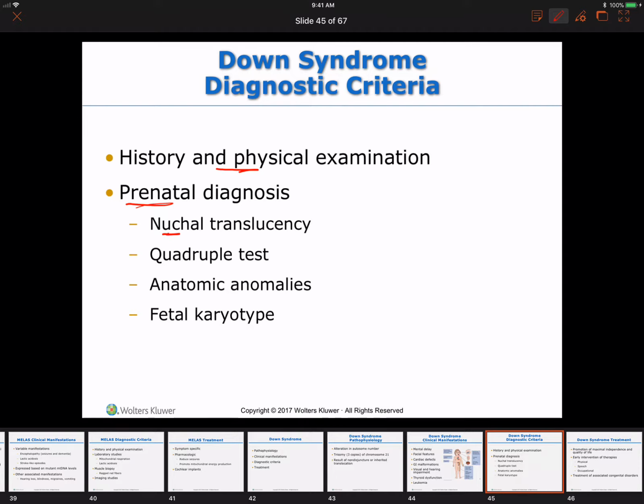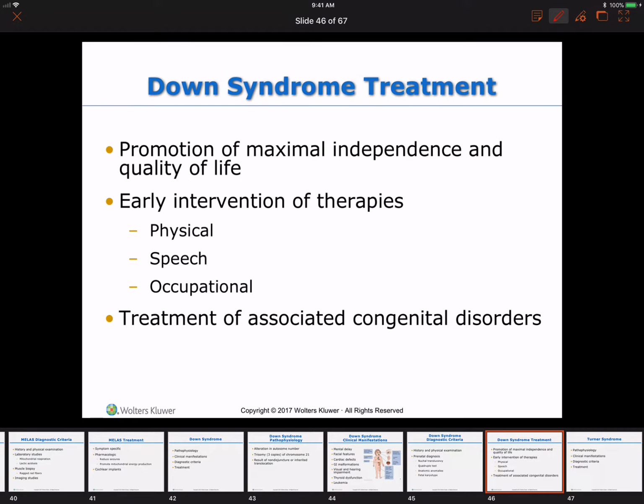The term nuchal translucency is a term used in ultrasound, and then anatomic anomalies can be detected right away, and then of course karyotyping, so visualizing the chromosomes of the fetus to see if there is an additional copy of chromosome 21. How about treatment? Well, there is really nothing that can be done. Early interventions could help with the overall progression of life and the severity of the disease.